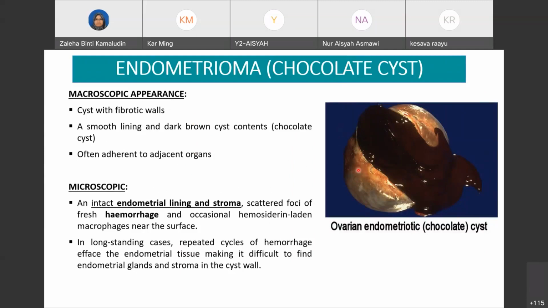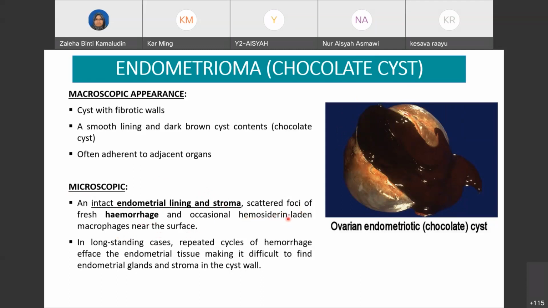The surface is smooth and glistening, and when you cut it, there is a lot of chocolate-like material. Imagine eating chocolate, that's the color of the chocolate cyst. Microscopically, this tumor usually has intact endometrial lining and stroma. You need to have both components, with scattered foci of fresh hemorrhage and occasional hemosiderin-related macrophages near the surface.